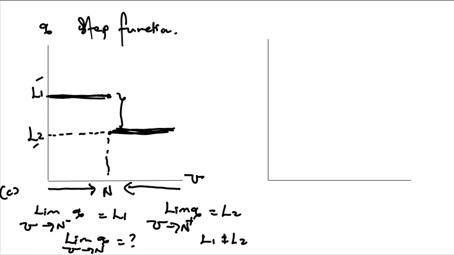But if you spend more money on pollution abatement, remember V here is the pollution abatement cost, then the level of pollution falls from L1 to L2 as long as the value of V is greater than n. So this is an example of a step function in the study of environmental economics.